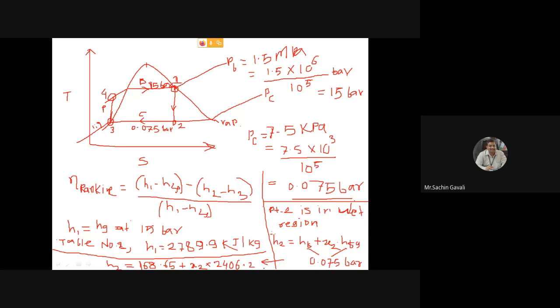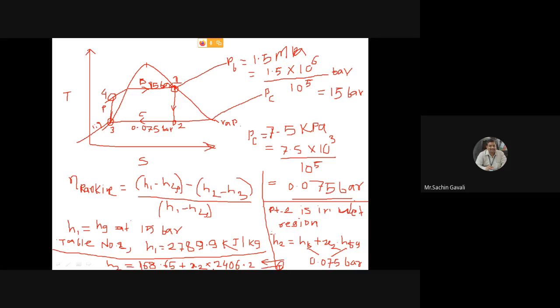Give this equation as equation number 1. Write this, and if it is completed right, then tell me the value. So H2 is equal to 168.65 plus x2 into 2406.2. Everybody understand? We do not know x2.